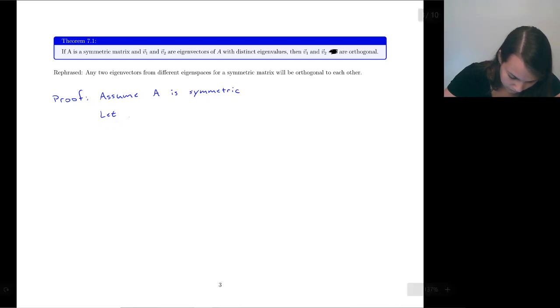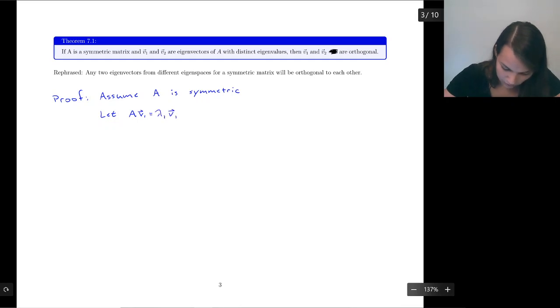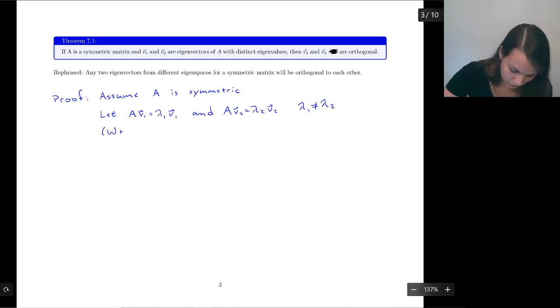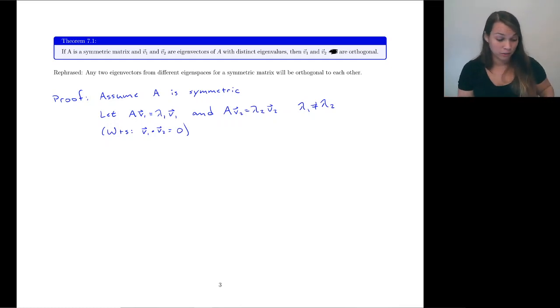So let A v1 equal lambda 1 v1 and A v2 equal lambda 2 v2. And lambda 1 is not going to equal lambda 2 because we need them to be distinct. We want to show that v1 dot v2 is going to be 0. That way we can have that they're orthogonal.